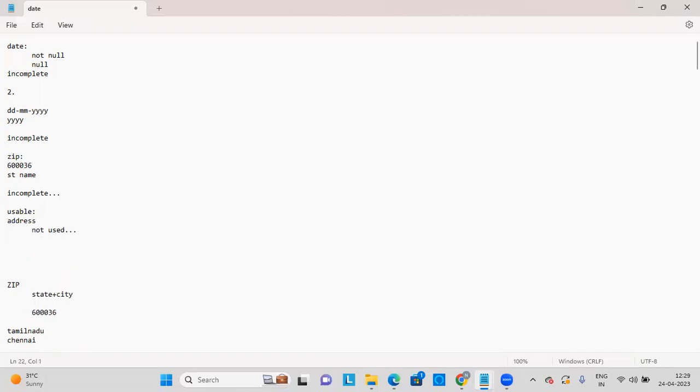In that case also, data is incomplete. So we identify this completeness measure in two possible ways: one, unusable or unused, and second, incomplete. That's it about the completeness measure.